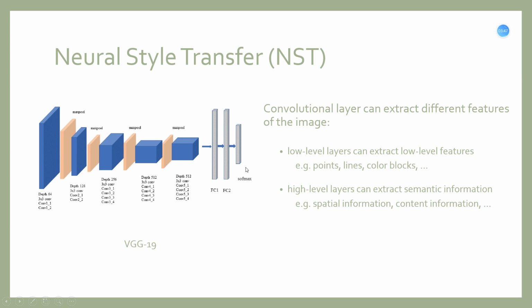In the training of convolutional neural networks, researchers found that convolutional layers can extract different features of the image. The low-level layers extract low-level features, for example points, lines, color blocks. And high-level layers extract semantic information, for example spatial information or content information.